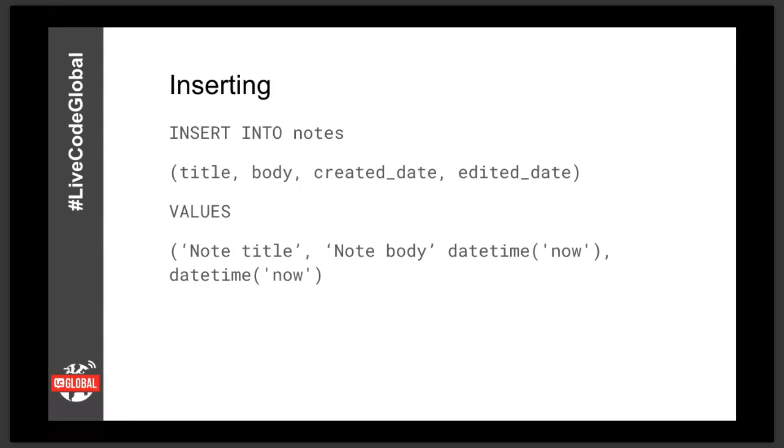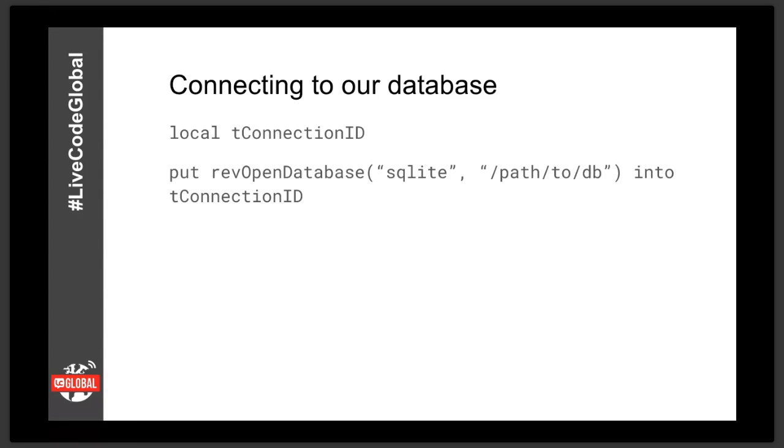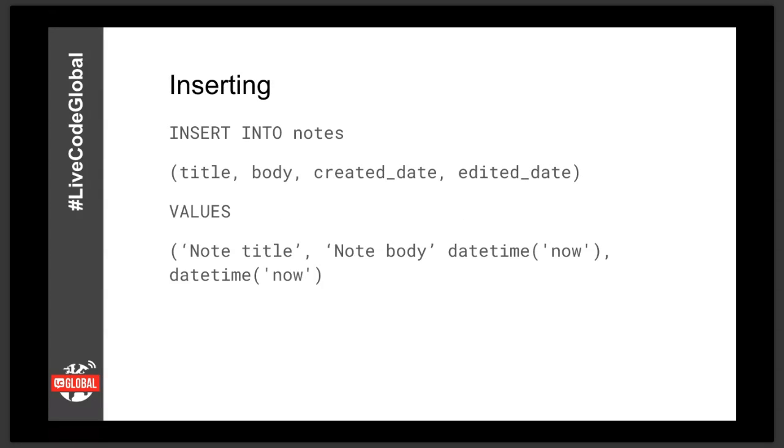You want to use the current date for the created date and the current date for the edited date. And these little SQLite functions allow you to do this without you having to get the date yourself. It's a nice little neat handler, and that's one of the advantages of setting the type. Remember when we set it to date time, that means that it understands that the date time functions will be used.